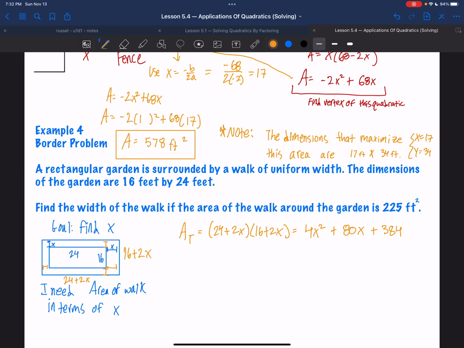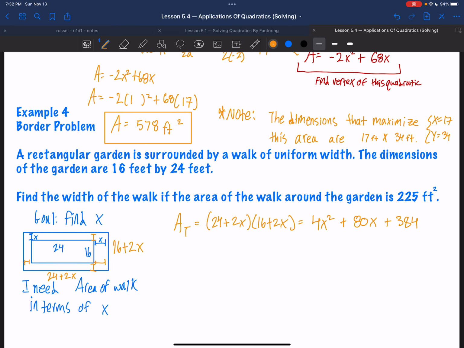Now, what's the area of the garden, right? What's the area of the garden? Area of the garden is 24 times 16, which we just discovered was 384.